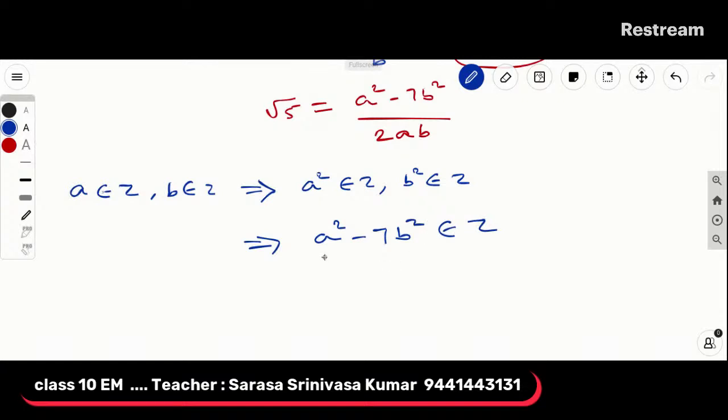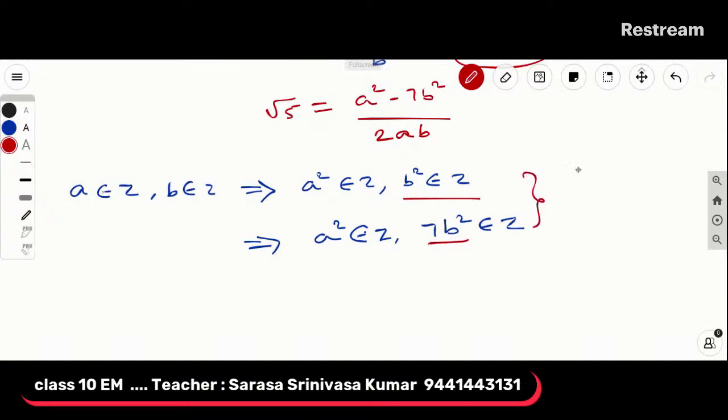This is why: because a square is an integer and 7b square is also an integer. This is why: because b square is an integer, 7 is an integer, and 7b square is also an integer.